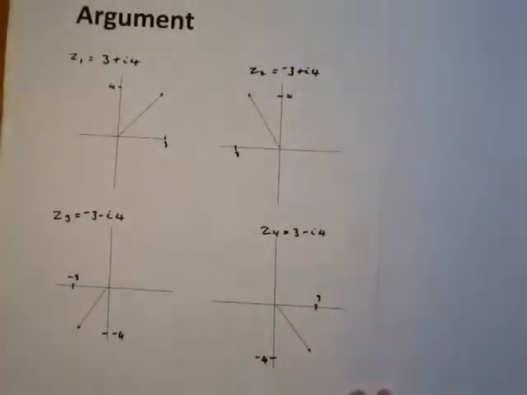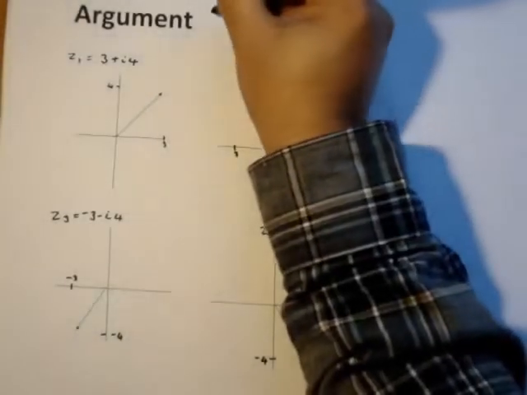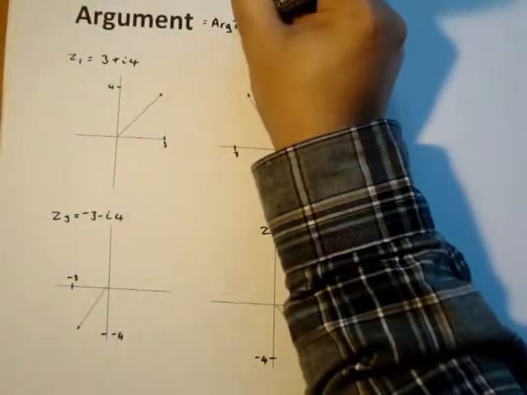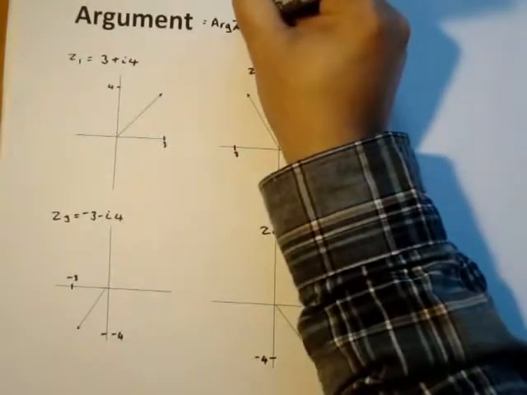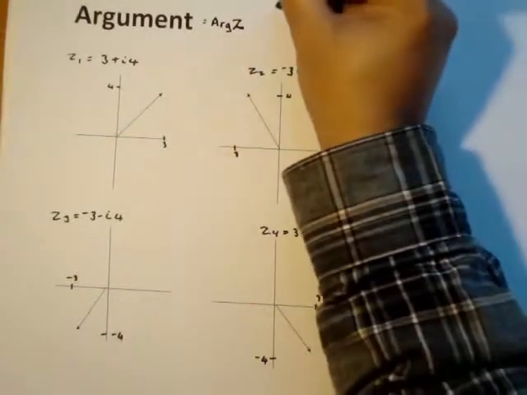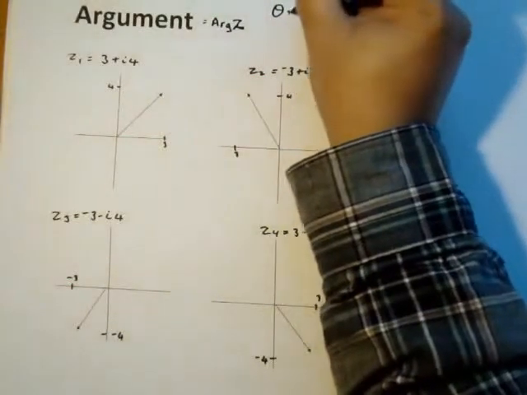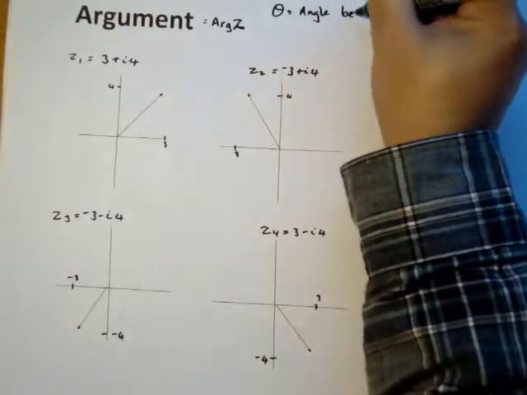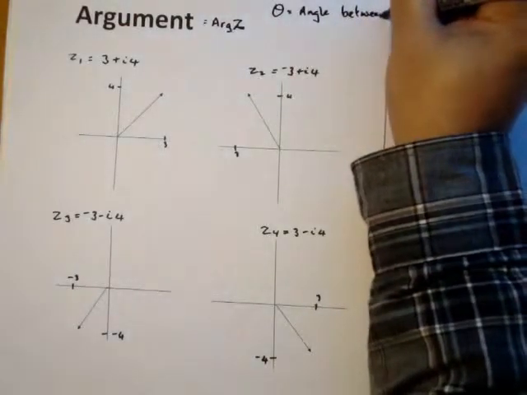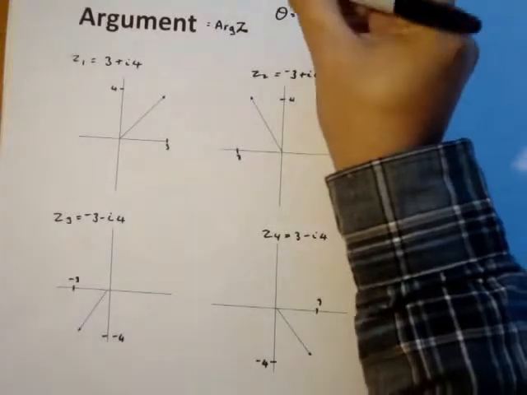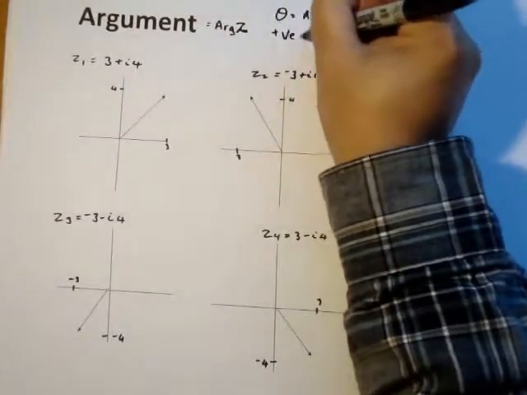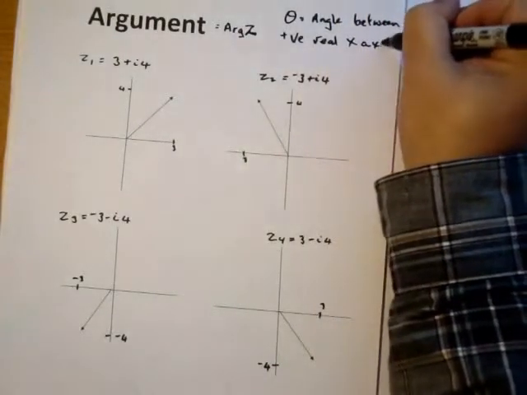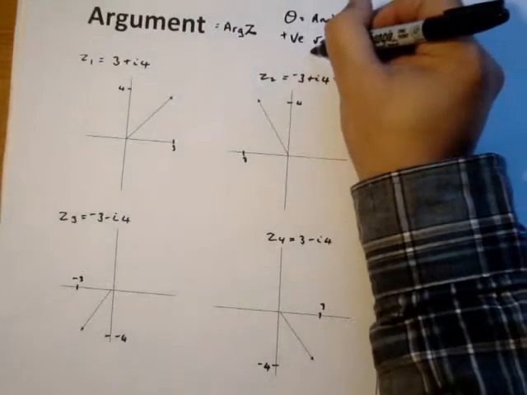When we look at the argument, also known as arg z, this is the angle theta, and it's the angle between the positive real x-axis and the complex number.